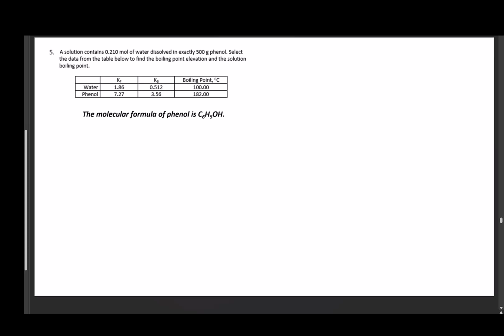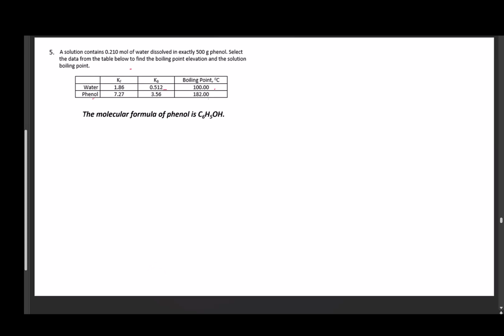So, for water and phenol, assuming these are solvents, they would have Kb values of 0.512 and 3.56, and these boiling points here. That would be for pure solvent. So pure solvent water has a boiling point of 100. Pure solvent phenol has a boiling point of 182.